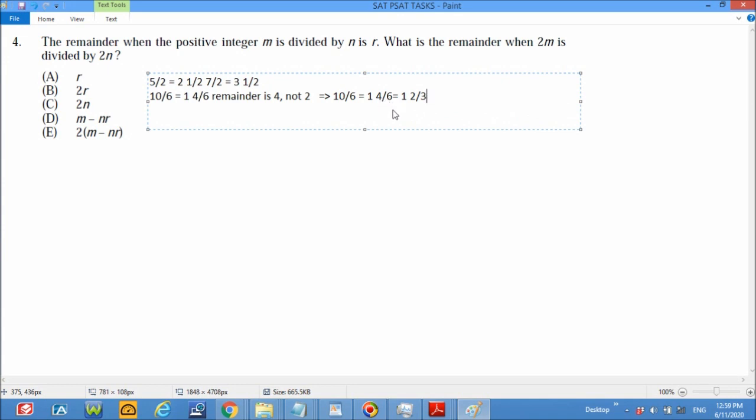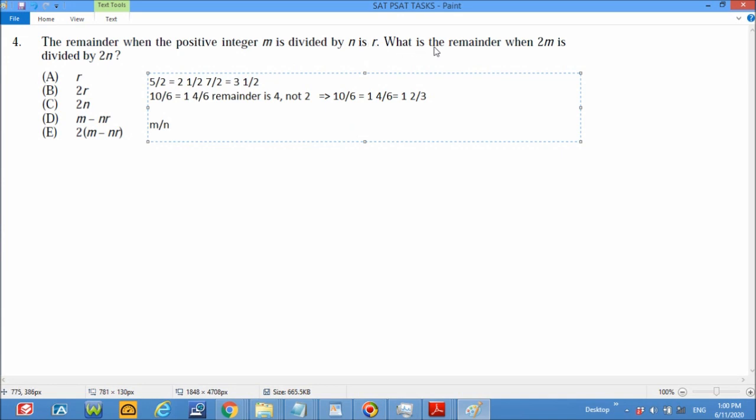So I want to tell you that, actually, this task asks what happens if the dividend is, for example, m, and the divisor, for example, n. So if we divide m by n, the remainder will be r.